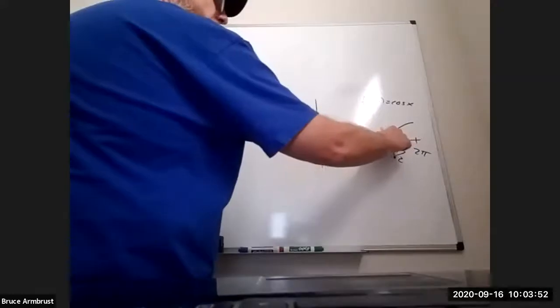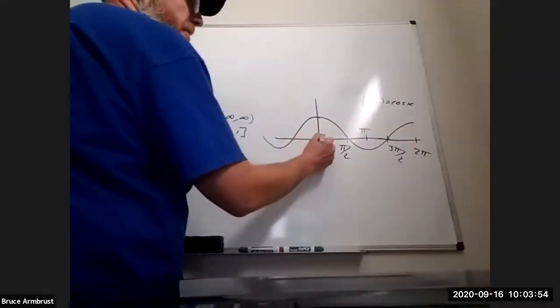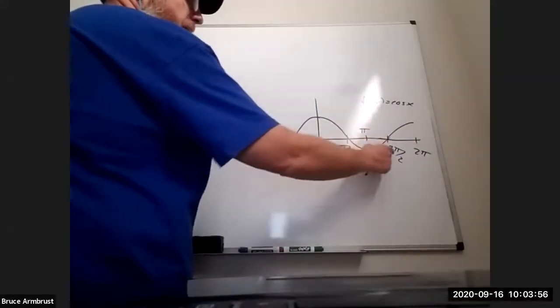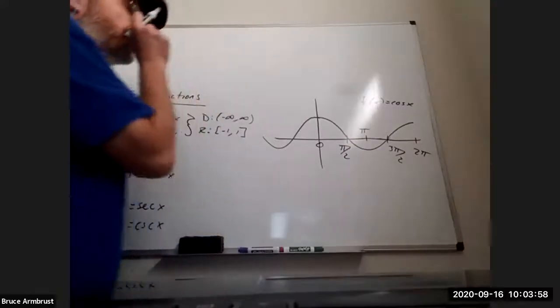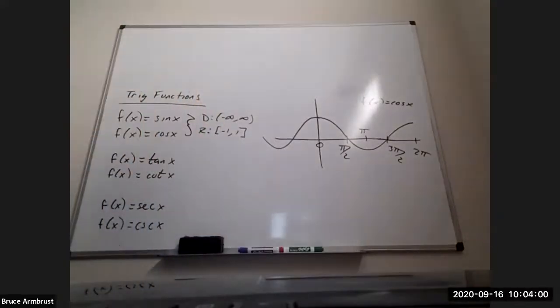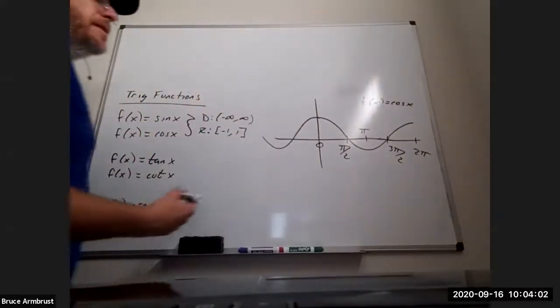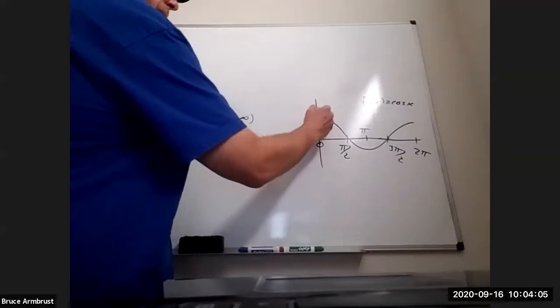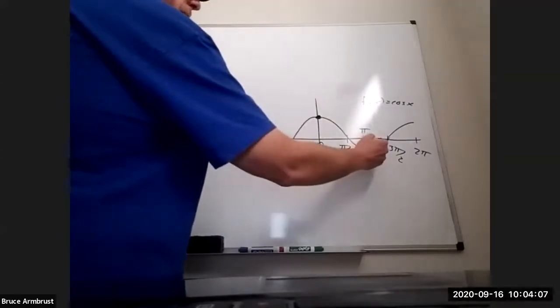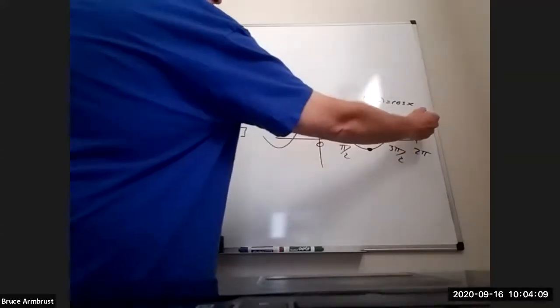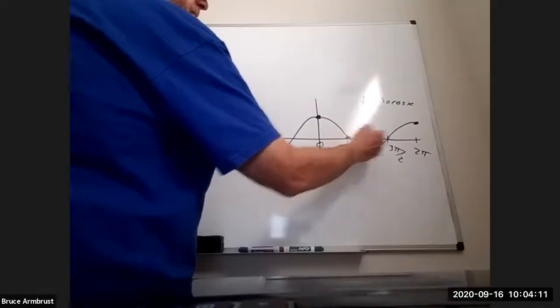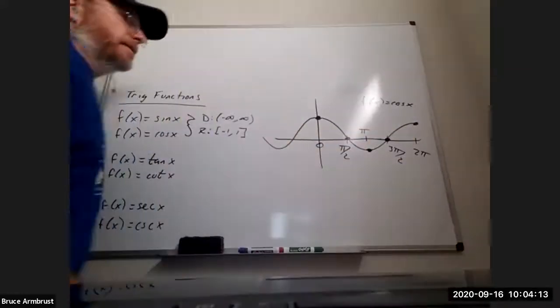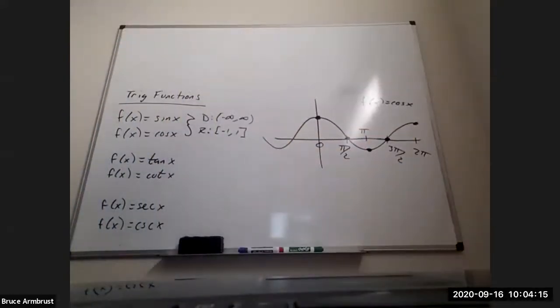The important values are all the half pi's, from 0 to half pi, to 2 pi, and we get an important point at each one of those. For cosine, there's a maximum at 0, a minimum at pi, another max at 2 pi, and then in between are the x-intercepts. Right, so this is what cosine looks like.